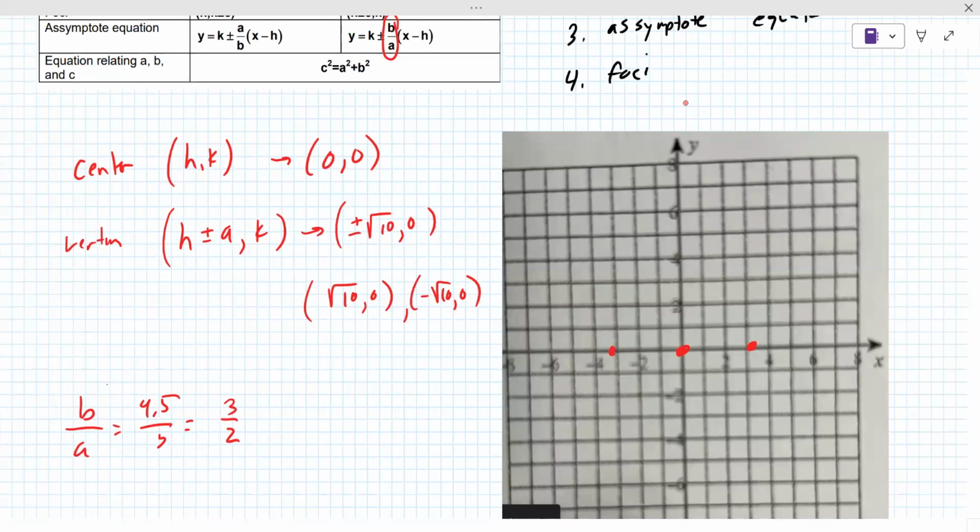And that plus or minus tells you from that center how to proceed. Think of it as positive 3 halves and then minus 3 halves. So up 3, right 2, up 3, right 2. Close enough, we're not a computer. Then you go the other direction, minus 3, 2. So down 3, right 2, down 3, right 2. And you get your other one.